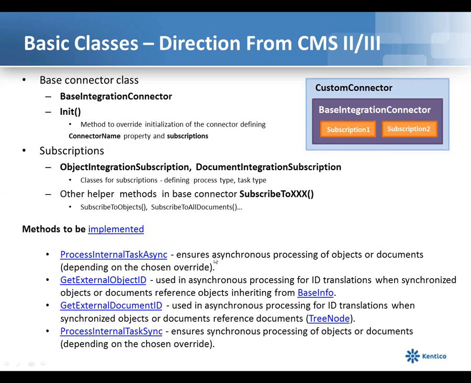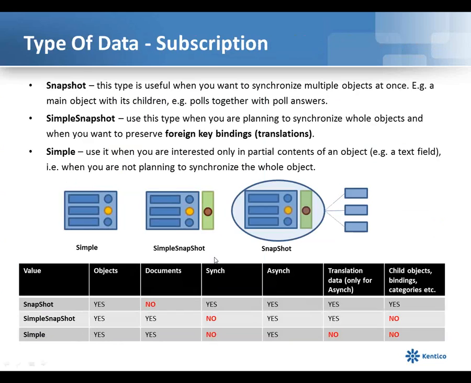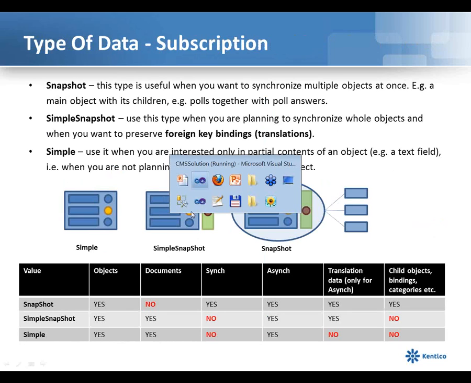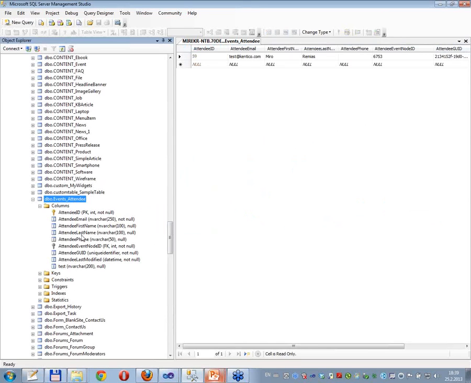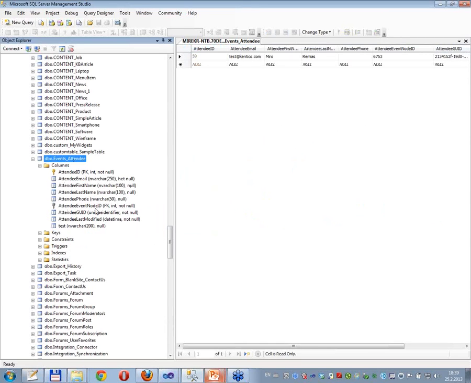Why am I doing this? Let me go back here. I want to do this simple snapshot, and that's because if we take a look at the database level, here we have event attendee. So this is the object. It has one foreign key, and I want to show you how to transfer the foreign key to the foreign key or the ID in the external system.